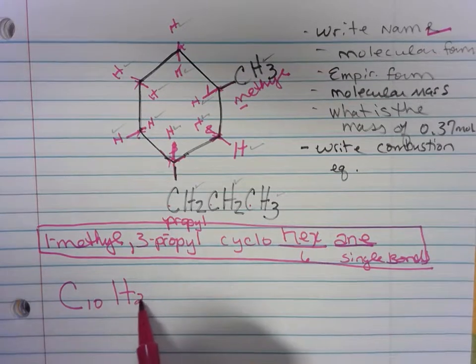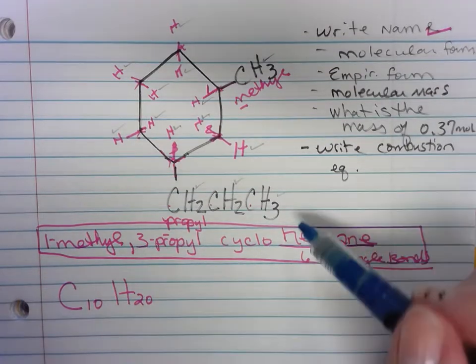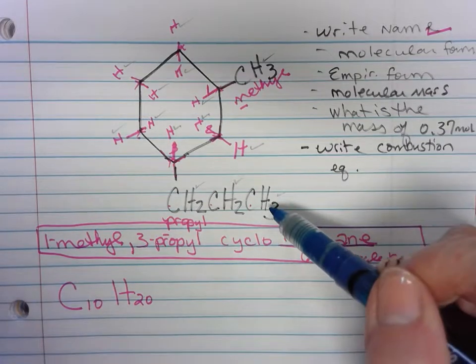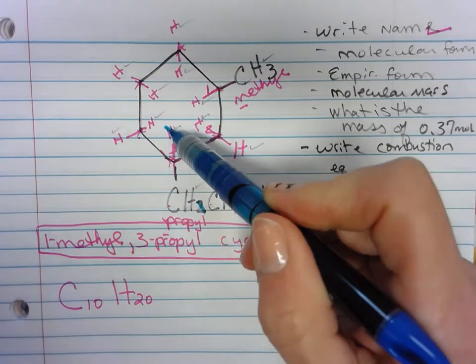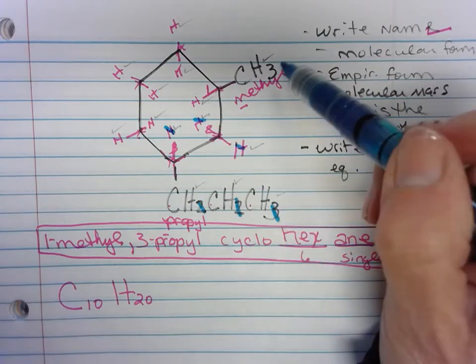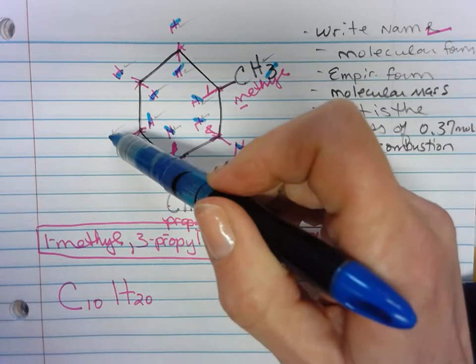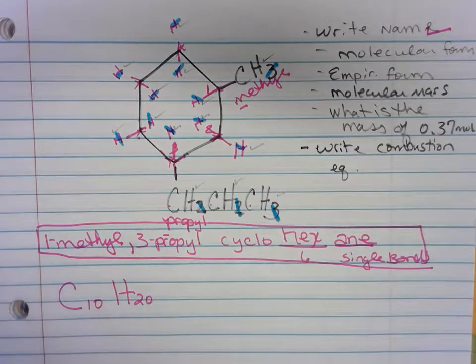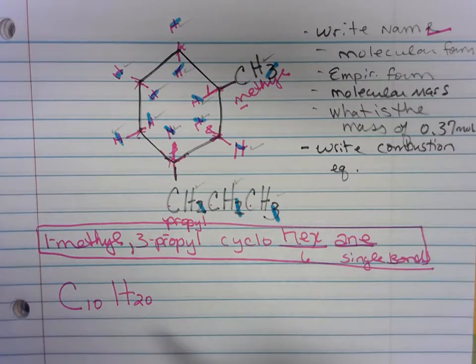I'm going to recount that because I don't want to make a dumb mistake. I'm just going to count it a different way. So C10H20. This would be the molecular formula.